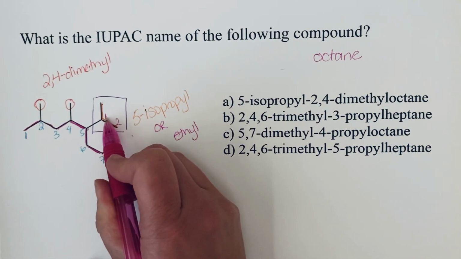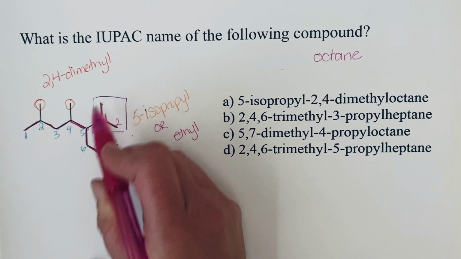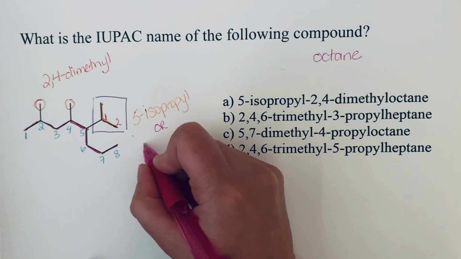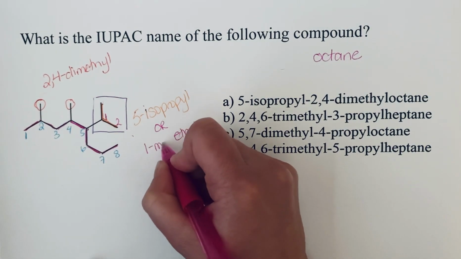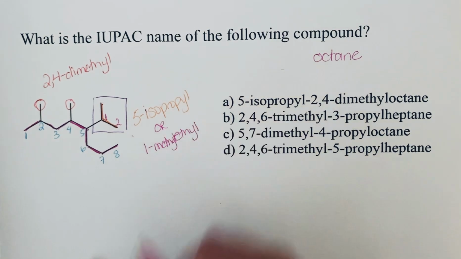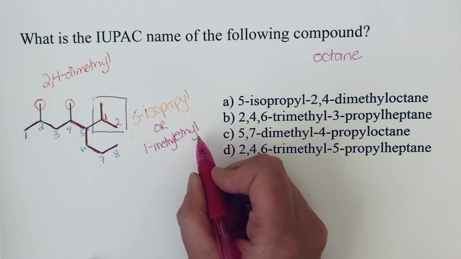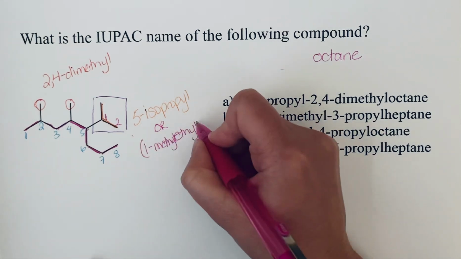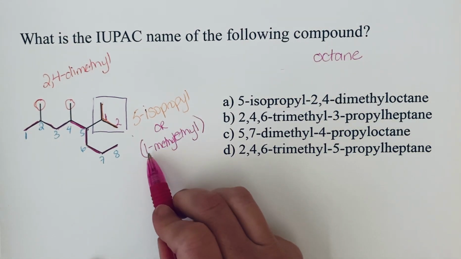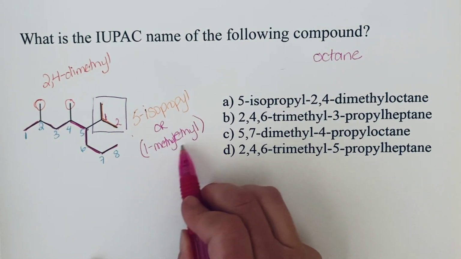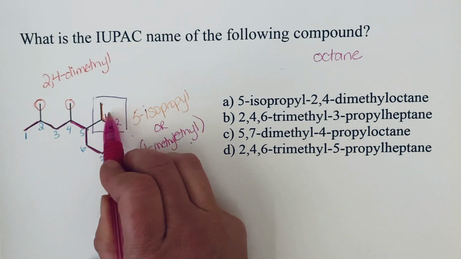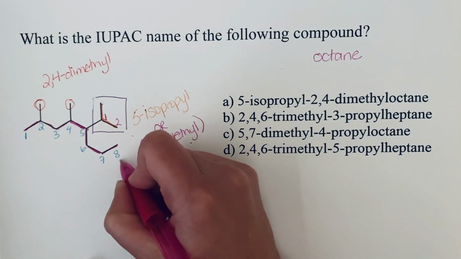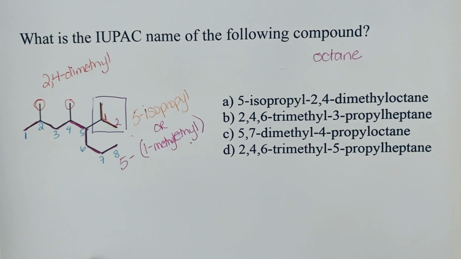And coming off of that first carbon atom, there is 1 carbon, so that would be methyl. So this could also be a 1-methylethyl. The way that this would be presented in the name would be to put it in parentheses. The parentheses are so that we know that this number is part of the branch substituent. And then out in front, we would put where it's attached to the main chain. So we put the 5, okay?